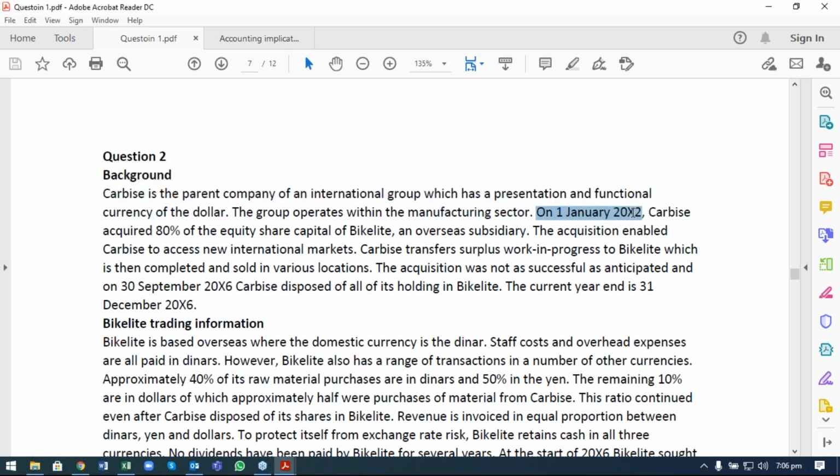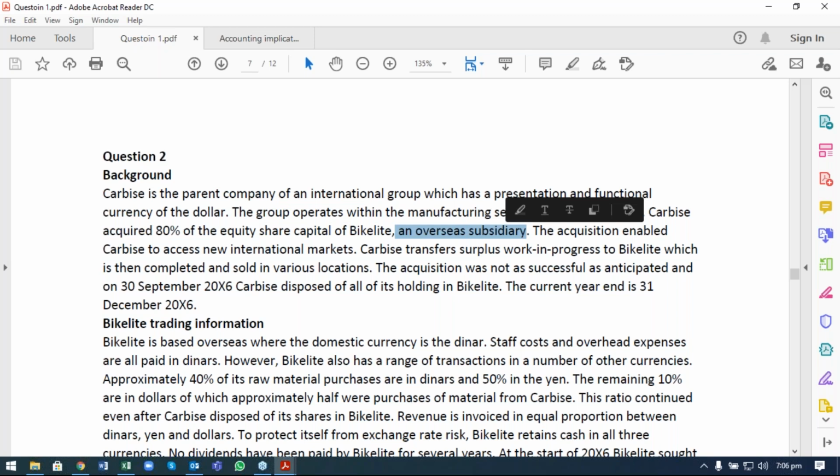On 1st of January 2002, Carbise acquired 80% of the equity share capital of Bakelite, which is an overseas subsidiary.